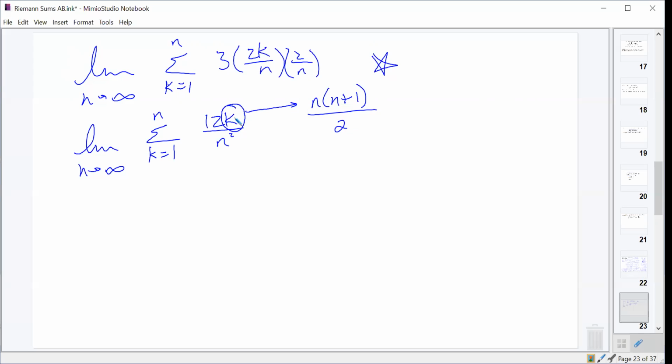N times n plus 1 over 2 is what the sum from k equals 1 to n of k is. Remember we proved that yesterday, everybody? Do you guys remember that from yesterday or not?